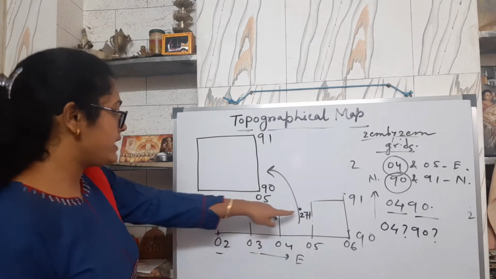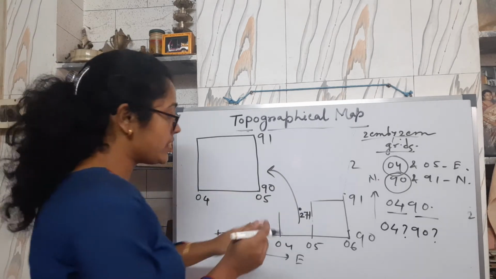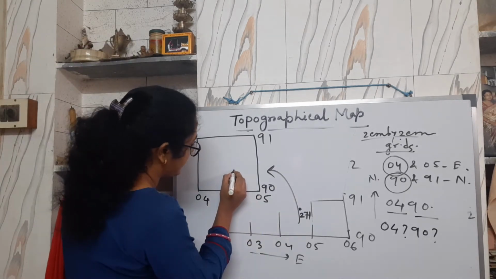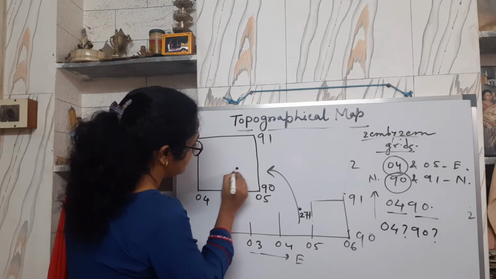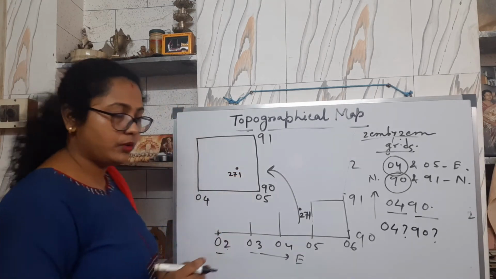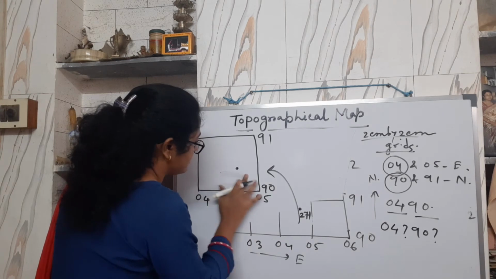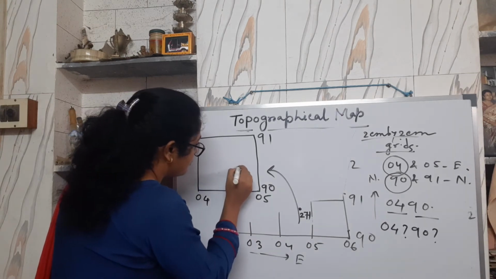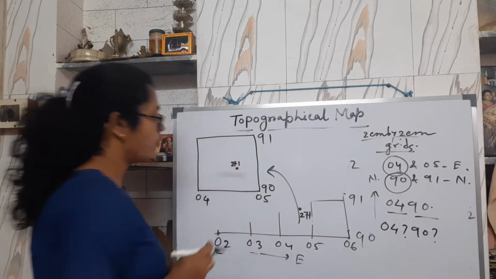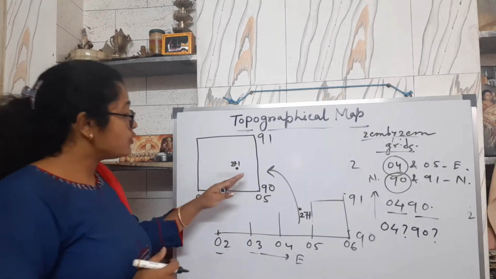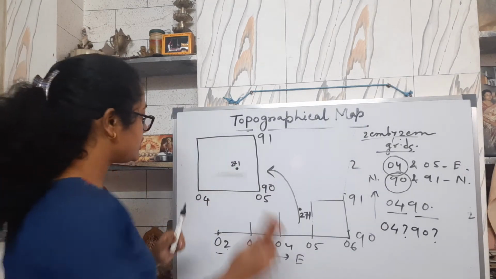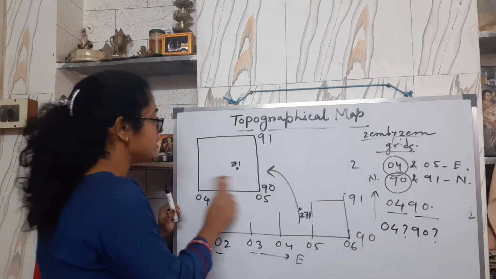The spot height 271 is situated near about this location. Suppose here it is written 271. Now how to get the proper location, the 6-figure grid reference of this point?